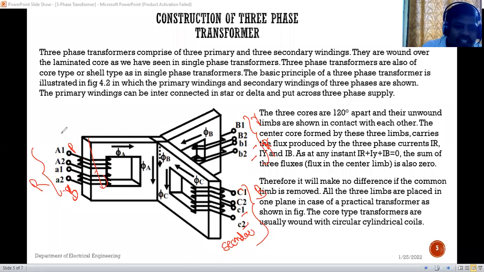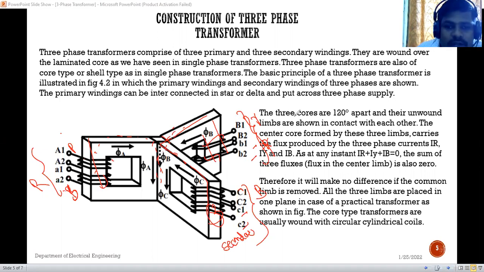In case of first phase, in case of second phase, primary of second phase and secondary of second phase can be wound on this second limb, and third on the third limb. This is the combined core. या तिन्हीचं जे काही कोर आहे ते कंबाईन केलेलं आहे, so that there is a mutual induction between these three phases. तिन्ही फेज मध्ये म्युच्युअल इंडक्शन आहे.